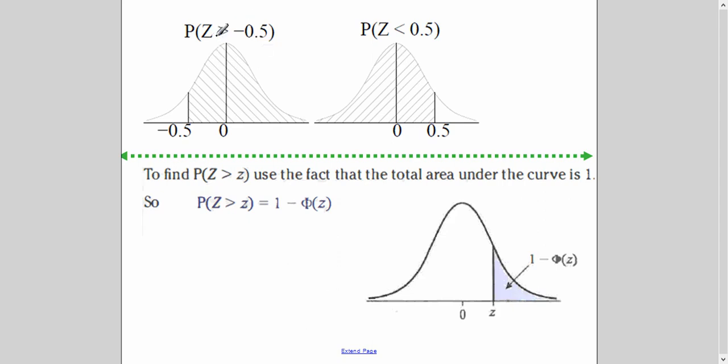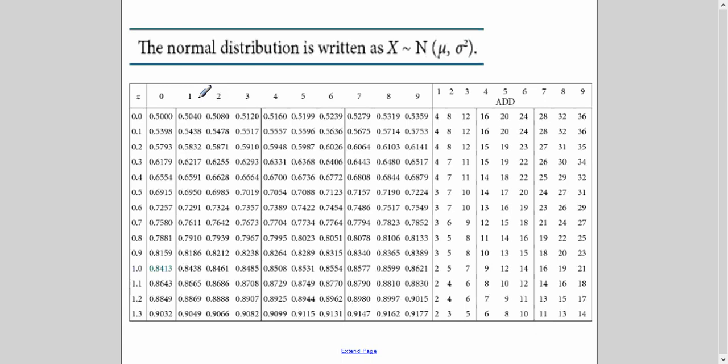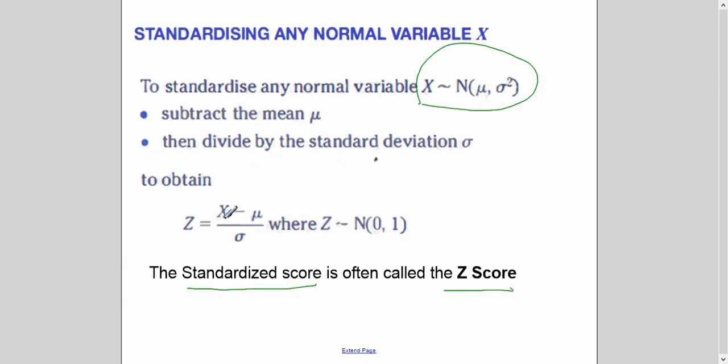If it says the probability of Z greater than minus 0.5, because it is saying minus, I know the Z value will be on this side, because this side is negative Z and this side of 0 is positive Z, just like a number line. So when the question says Z is greater than minus 0.5, it means this area. But a very important thing, when you read from the table, I will teach you how, the probability is always given to you for the left hand side area, always.